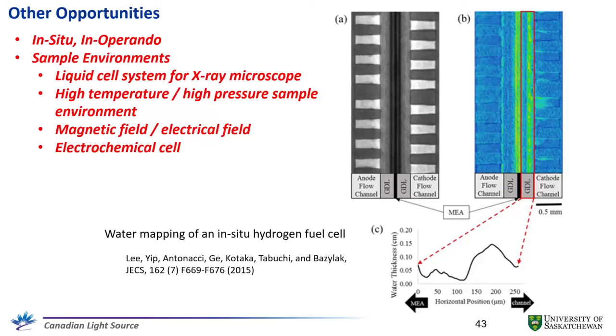We have sample environments such as high temperature, high pressure, magnetic field, electrical field, and the electrochemical cell. So think about it: if you want a measurement to be dynamic and subject to a special sample environment like high pressure, the synchrotron is a very good place to do that.